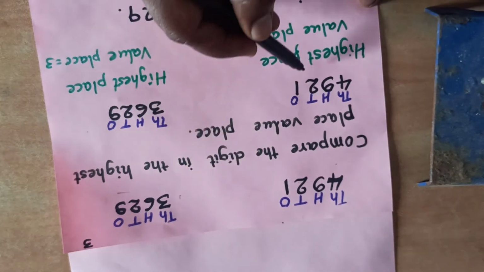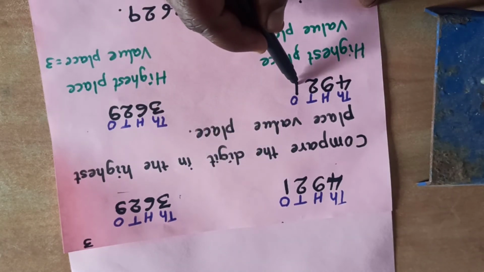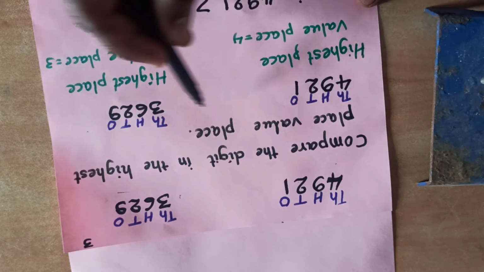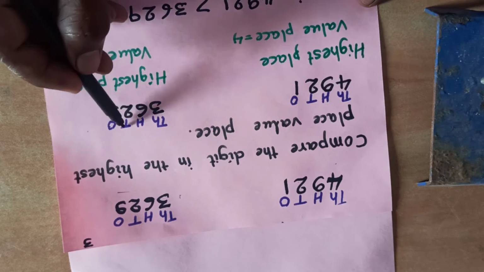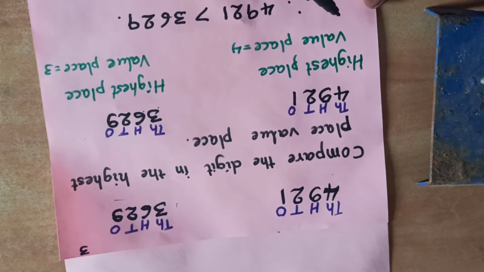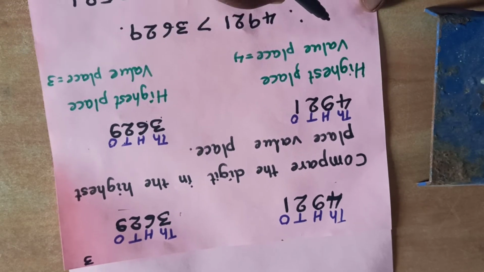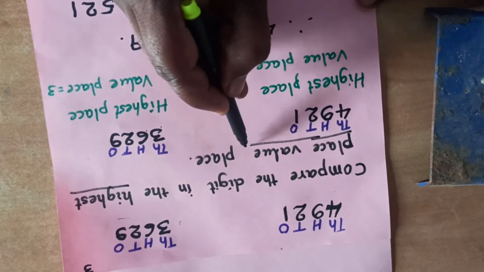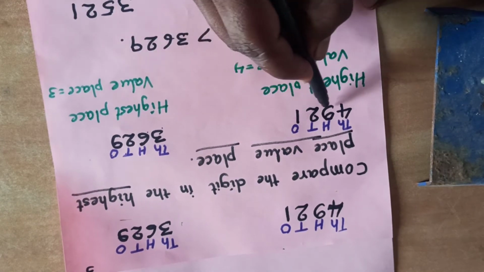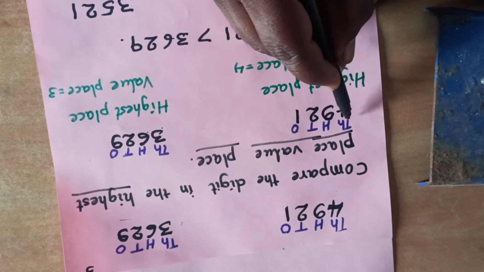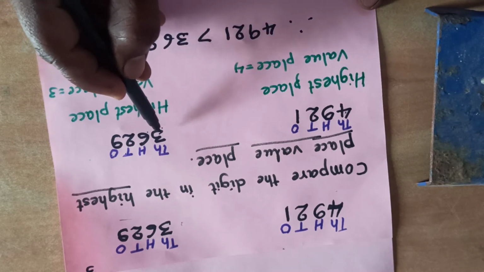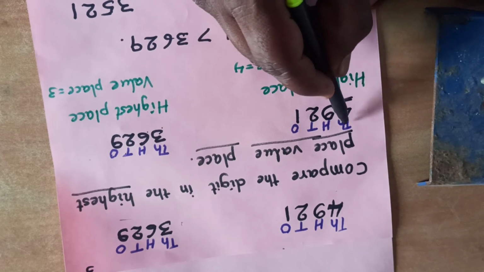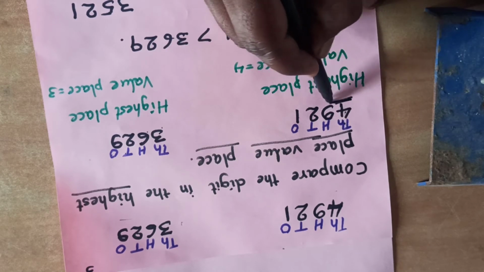Again, I have written here ones, tens, hundreds, thousands. This number also has ones, tens, hundreds, thousands. Compare the digit in the highest place value. Here the highest place value is the thousands place. In this number also the highest place value is thousands.